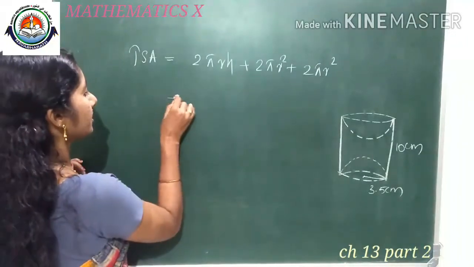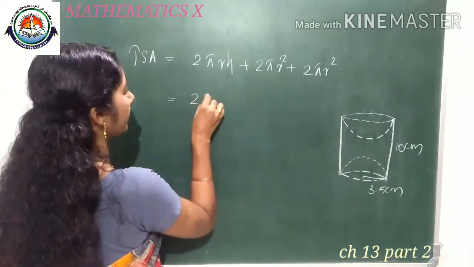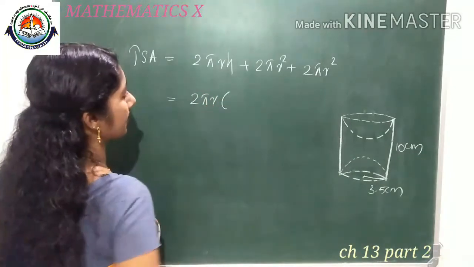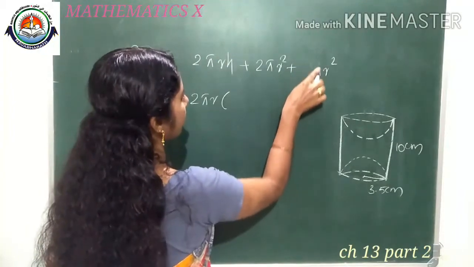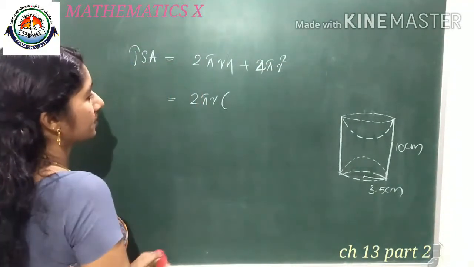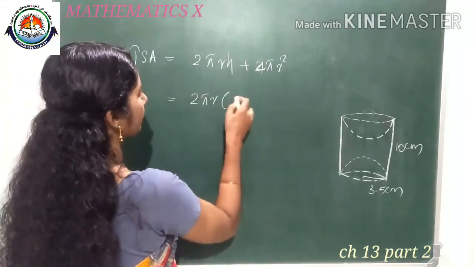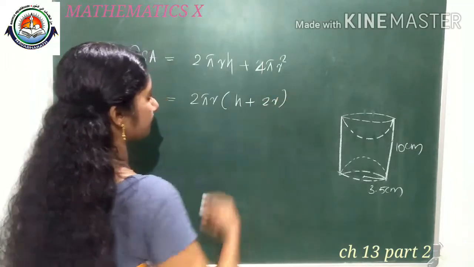Okay. So, 2 pi r is common, we can take it as common factor outside. 2 pi r square plus 2 pi r square, you can write it as 4 pi r square. Next step you can write this as 4 pi r square. So, 2 pi r I took common, h plus 2r.